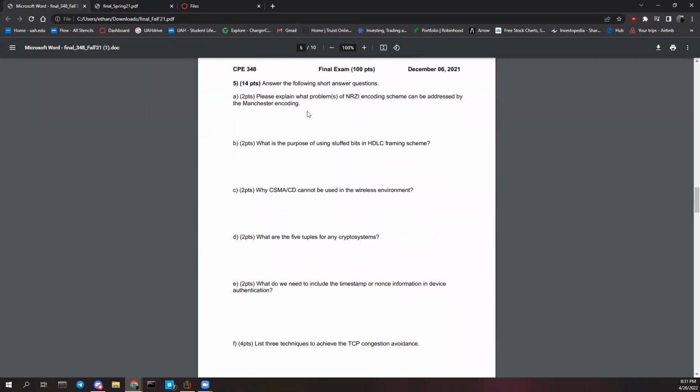We just discussed it. What is the purpose of bit stuffing, or using stuffed bits, in the HDLC framing scheme? Bit stuffing is because HDLC framing has a flag character, the pattern of which is 0, 1, 1, 1, 1, 1, 1, 0. This is a flag. So what you need to do is use stuffed bits to prevent more than 5 consecutive ones appearing, I believe is the rule.